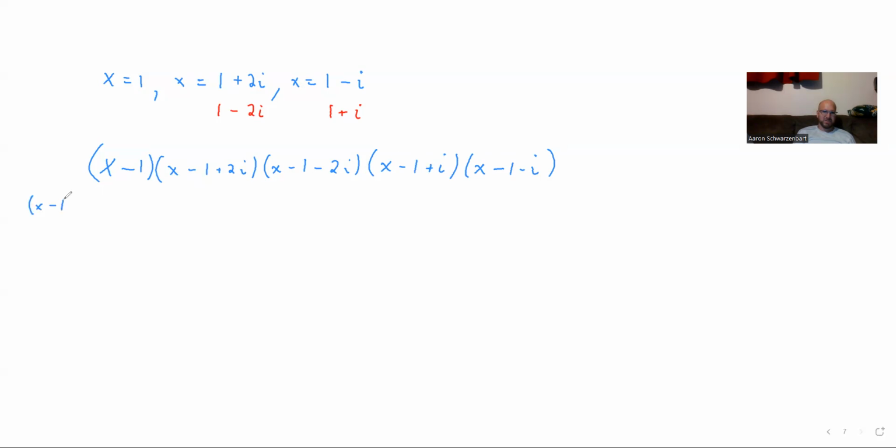My x minus 1 is going to stay in front. And I get x squared minus x minus 2ix minus x. Now I'm onto the -1 times all three, plus 1 plus 2ix. Now I'm onto the 2i times all three. 2ix minus 2i minus 4i squared.